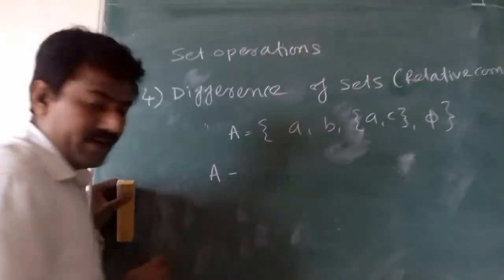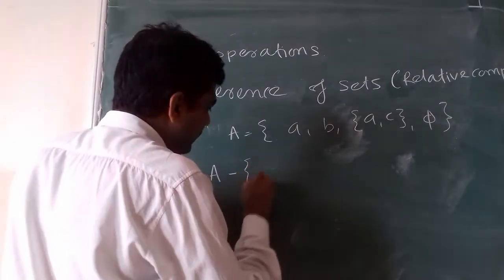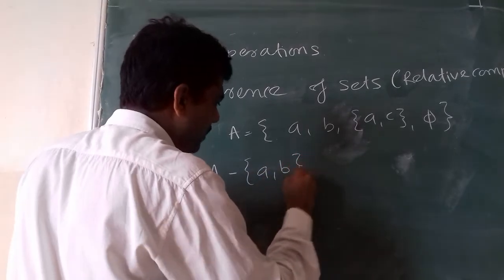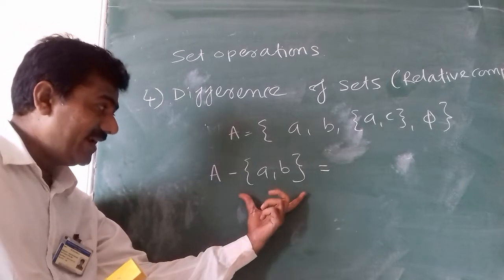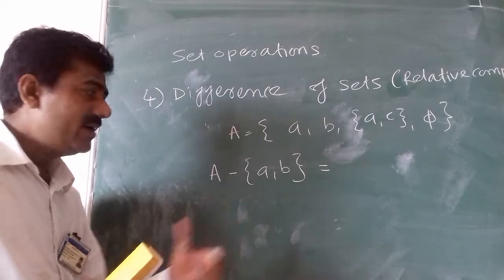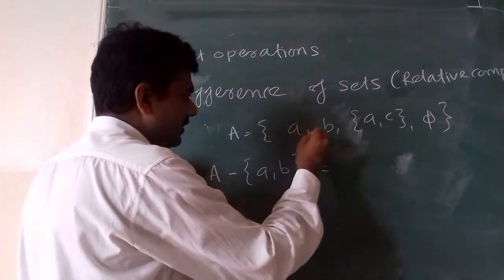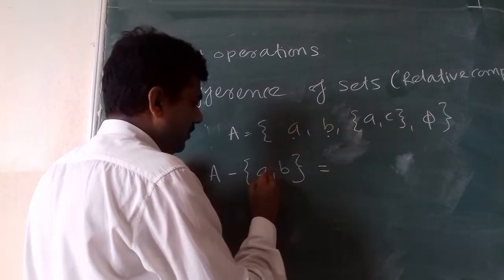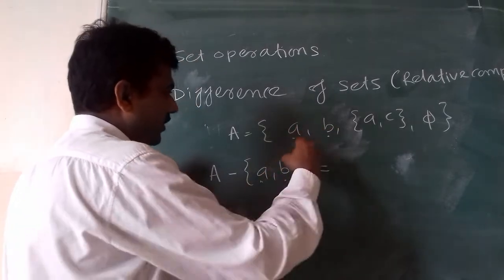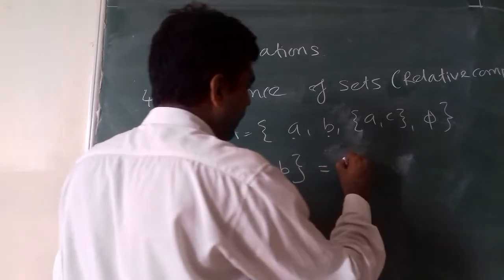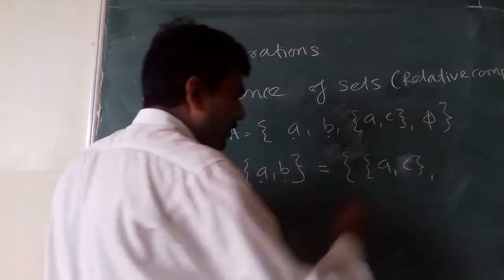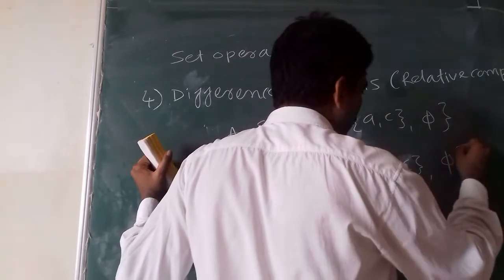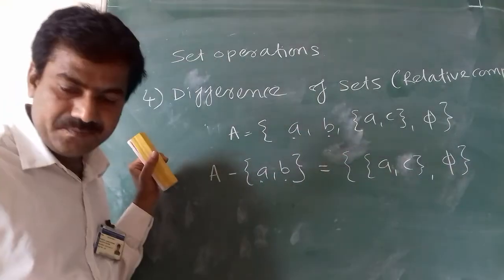A minus a set with the elements a, b: A minus {a, b}. Now this is a set which contains 2 elements, right? So we need to remove these from the capital A and we will receive a set with the 2 elements c and 5, right?